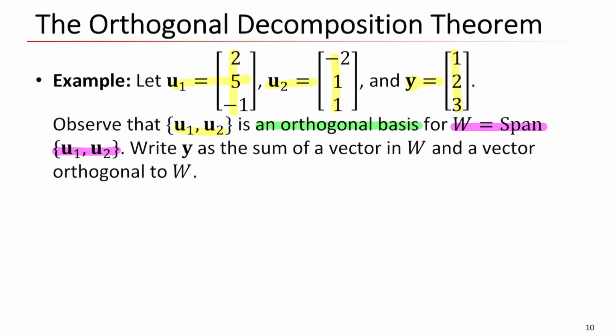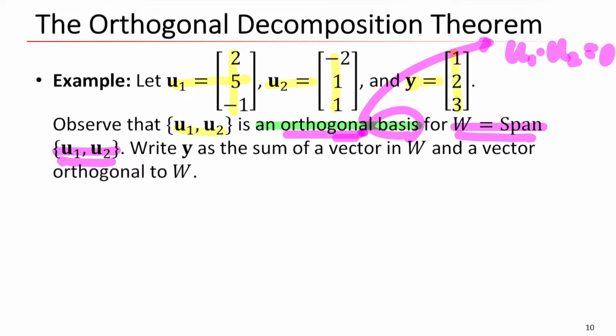First of all, why is this an orthogonal basis? It is a basis because W is the span of u1 and u2. But why is it orthogonal? Because u1 inner product u2 is equal to 0. You can compute this and easily find out this is an orthogonal basis.